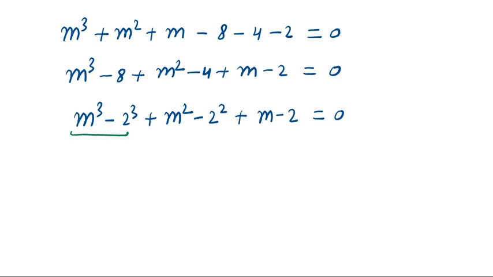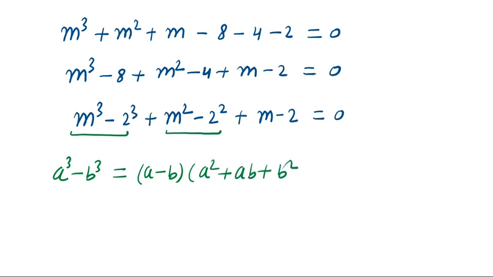Look carefully at these two terms and these two terms. This is a difference between two cubes and this is a difference between two squares. We know that the difference between two cubes, a cube minus b cube, is equal to a minus b multiplied by a square plus a times b plus b square. And the difference between two squares, a square minus b square, is equal to a minus b multiplied by a plus b.